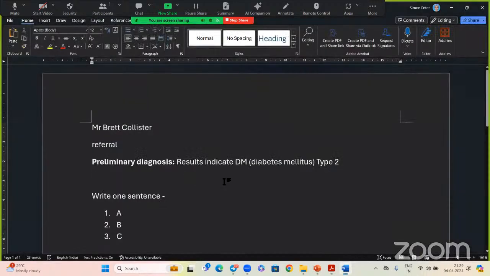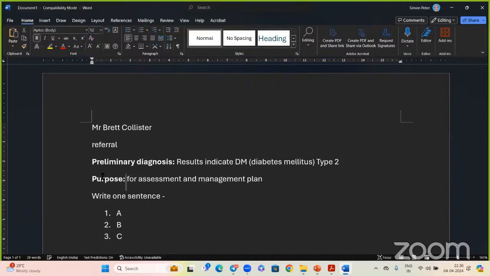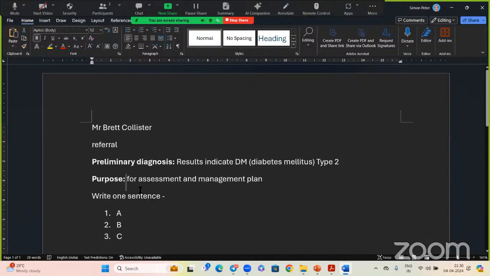This is the purpose. The purpose is for assessment and management plan.